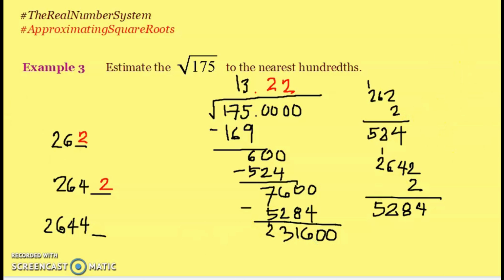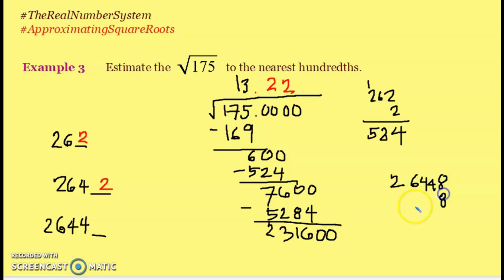Okay? So erase ko muna to because we do not have enough space. And we show our solution for that 26448 multiplied by 8. If pasok siya dito sa 231,600. So 26448 multiplied by 8.